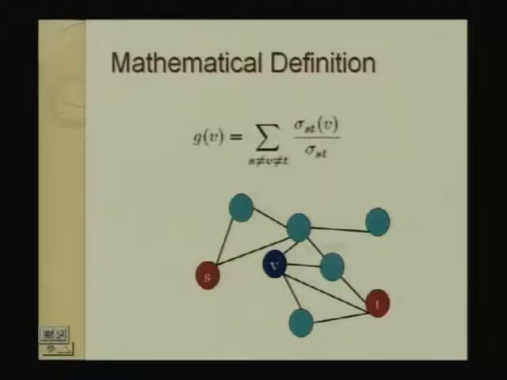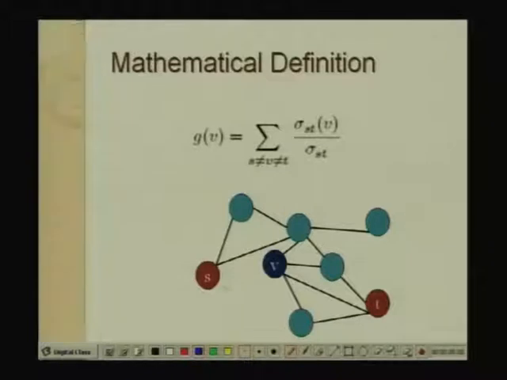See how many shortest paths there are between S and T. Tell me how many there are. So, one path goes like this, between S and T. So, you have two.